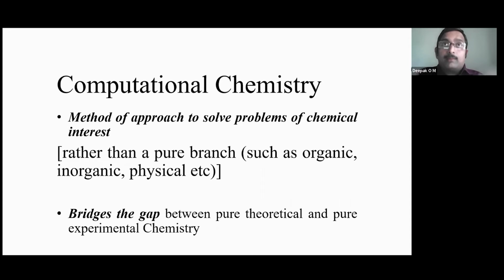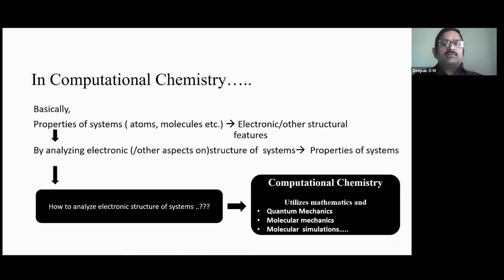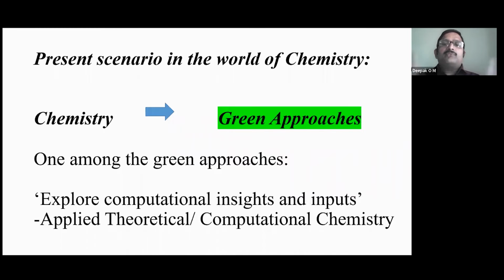Similarly, computational chemistry is also a method of approach, rather than a core branch with content as in organic, inorganic, or physical. Please understand the difference with respect to content when you compare it with the conventional branches of chemistry.